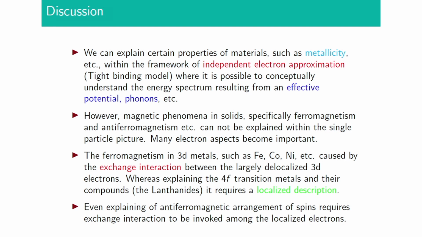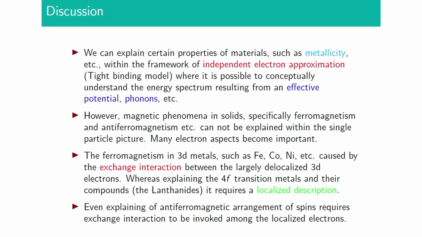Ferromagnetism in 3D metals, with specific examples such as iron, cobalt and nickel, is caused by exchange interaction between the largely delocalized 3D electrons. However, the lanthanide series, which are 4F transition metals, require a more localized description. These are ferromagnets, and they require, as we have said, the interacting description.